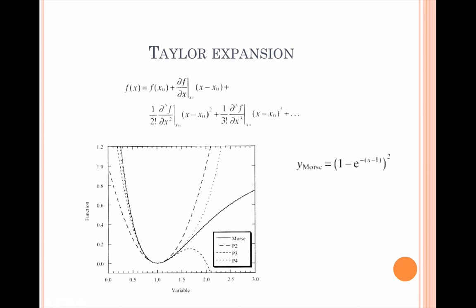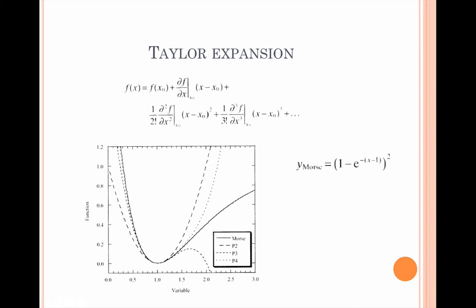This would be a Taylor expansion to the first order. We can also add another term here, the second derivative with respect to x also evaluated at x0 times x minus x0 to the power of 2. This would now represent a Taylor expansion to order 2 and so on.